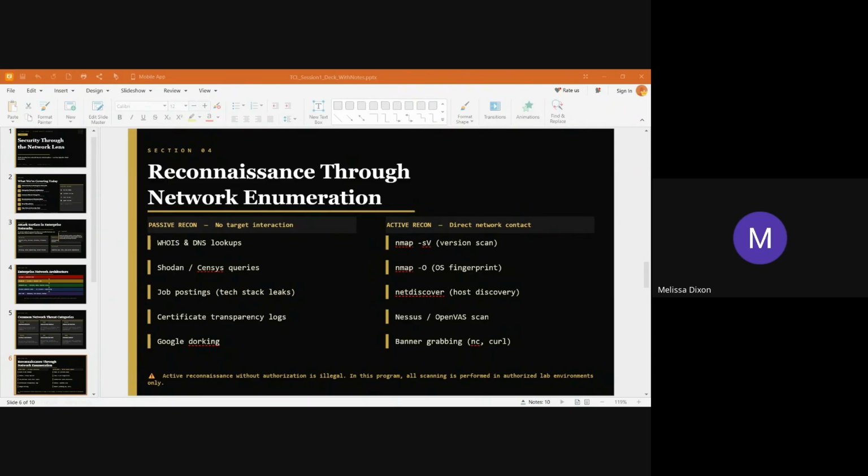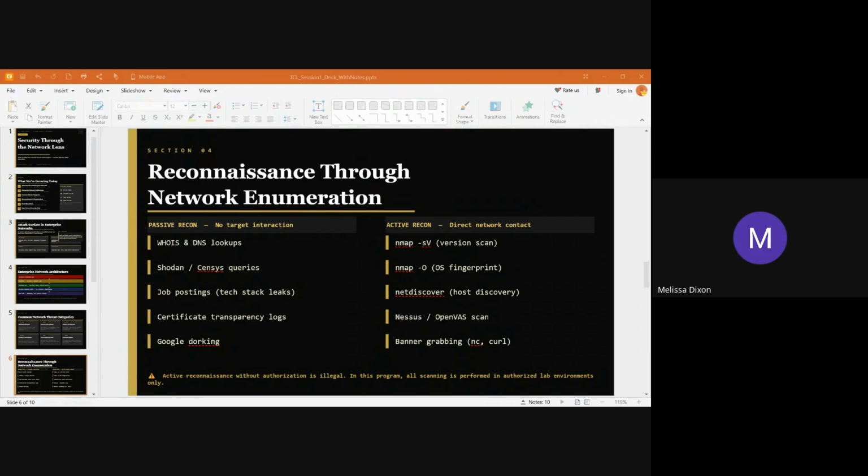You can get WHOIS for free at lookup.icann.org. If you guys are interested in any of these, I can send them to you, just let me know. Then we have Shodan, which is another tool. Think of it as Google for exposed devices and services. You can search your home IP tonight. You might be surprised at what you'll find.